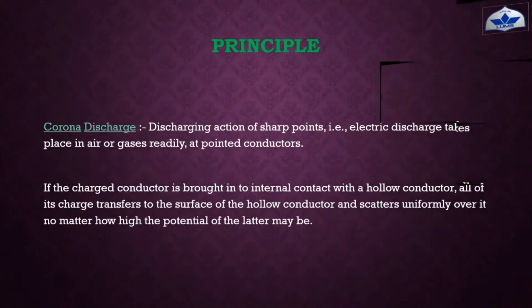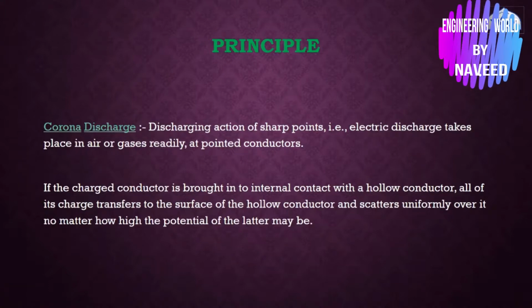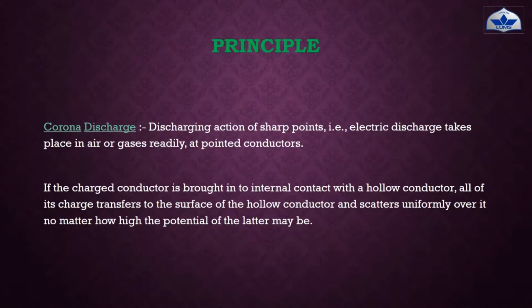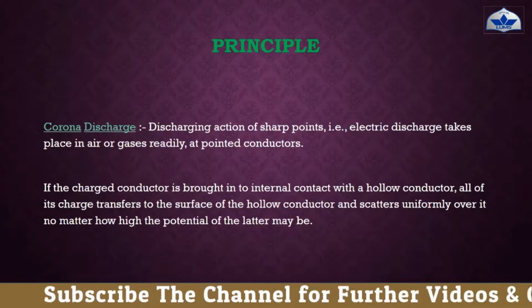So now let's come toward the principle. This is the principle of Van de Graaff generators. Van de Graaff generator works on corona discharge. What is corona discharge? Corona discharge is the discharging action of charged points. That is, electric discharges take place in air or gases radially at a pointed conductor.